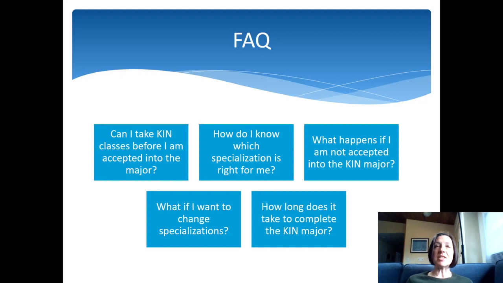So say you started the kinesiology exercise science major in fall quarter, but then decided that you took sports psychology and it lit you up and you wanted to switch and become a sports psychology major instead. You would then just submit a new application in the next application window. And if you met admission criteria, you could then apply and switch specializations at that time.